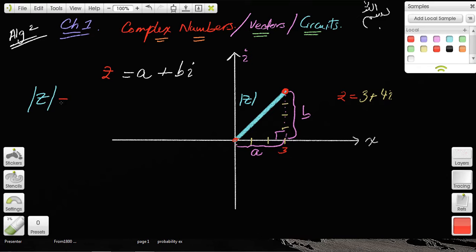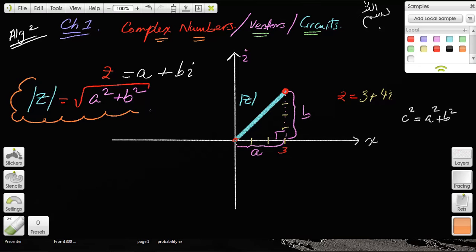Therefore, the absolute value of z is going to be, from the Pythagorean theorem, the square root of a squared plus b squared, because as you recall, hardly can you forget, because I keep reminding you, a squared plus b squared equals c squared, where a and b are the legs of the right triangle, c being the hypotenuse. So that's how you define the absolute value of a complex number.